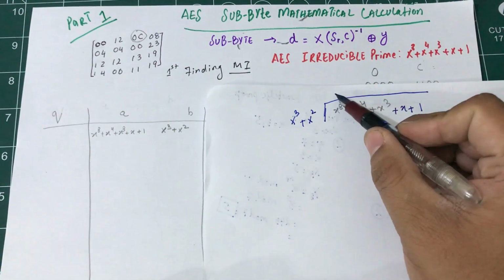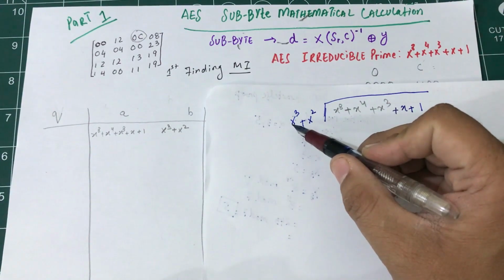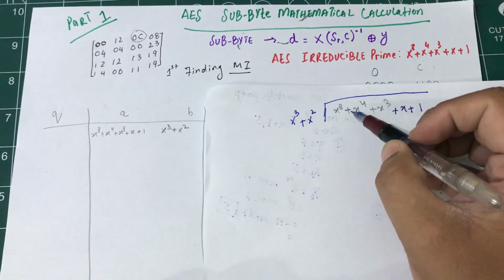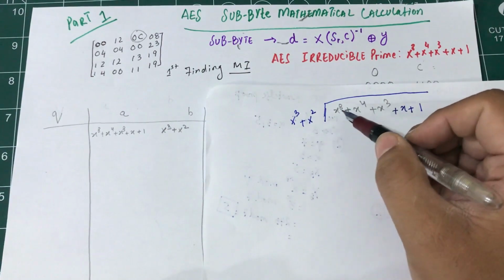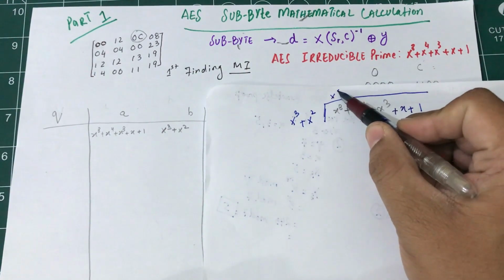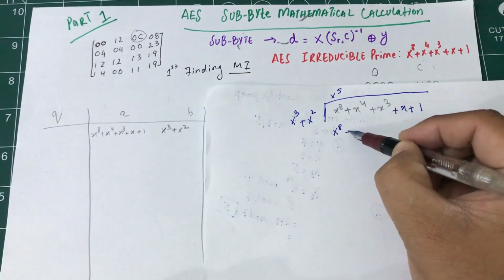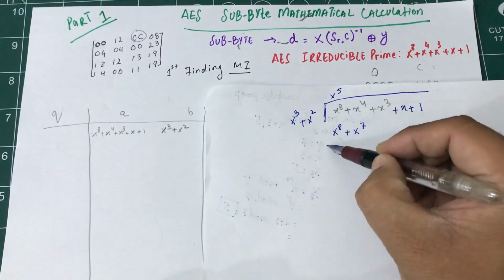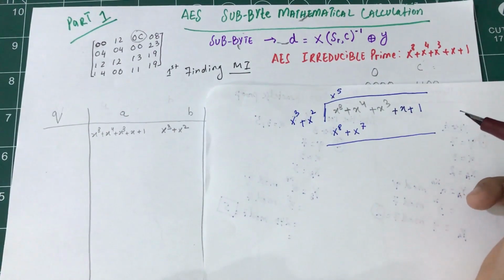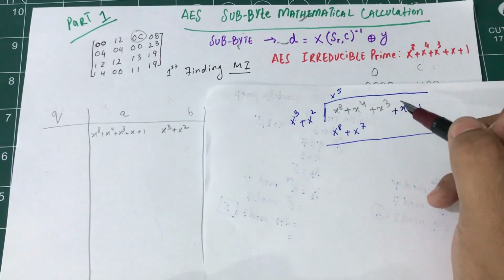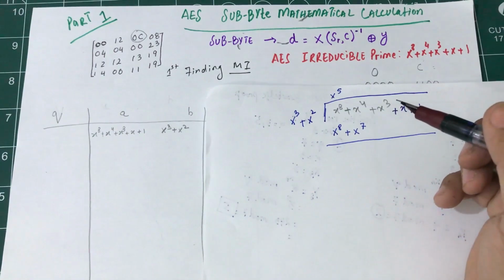What do I need to multiply x to the 3 with in order for me to get x to the 8? It is x to the 5. All right, when I do x to the 5, this will become x to the 8 plus x to the 7. Now in AES, we're using modulo 2 arithmetic because we're working in Galois field 2 to the 8.